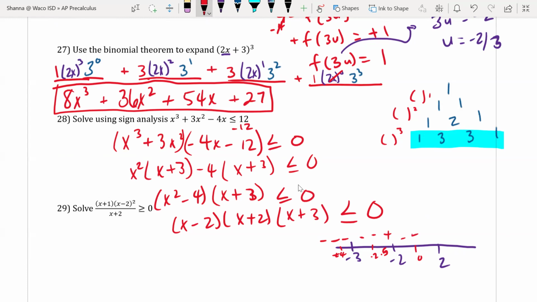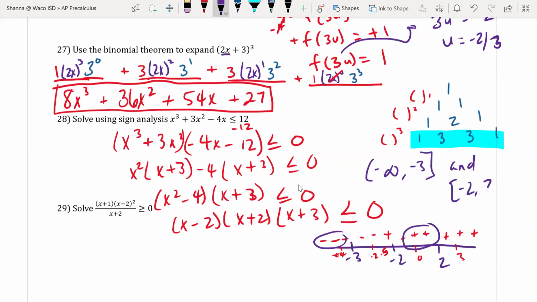A negative, a positive, and a positive. And then I'm going to plug in 3. If I plug in 3, we get a positive, and a positive. So we're asking ourselves, when are we less than or equal to 0? So when are my final outcomes negatives? I get a negative here, and I get a negative here. So my solutions would be from -infinity to -3, and from -2 to +2.